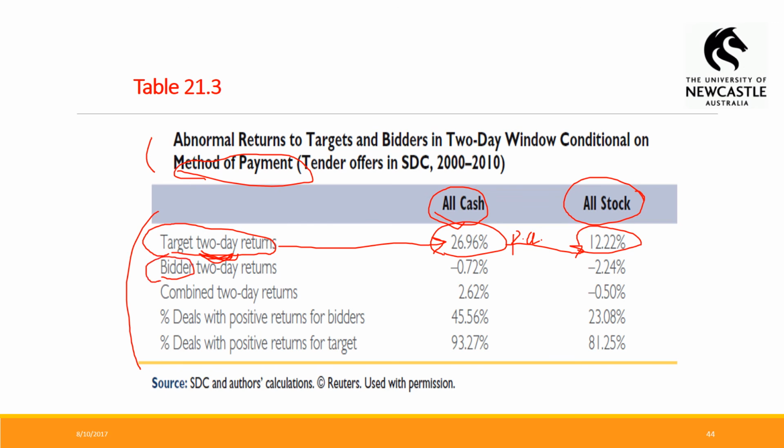For the bidding firm, the story is a bit more gloomy. They earn negative returns, right? And it's even more negative under the all stock transactions. The combined 2-day returns is either positive but small in magnitude, or negative, right?